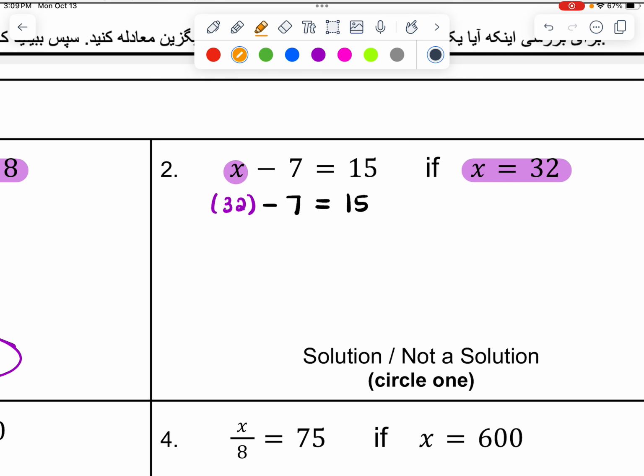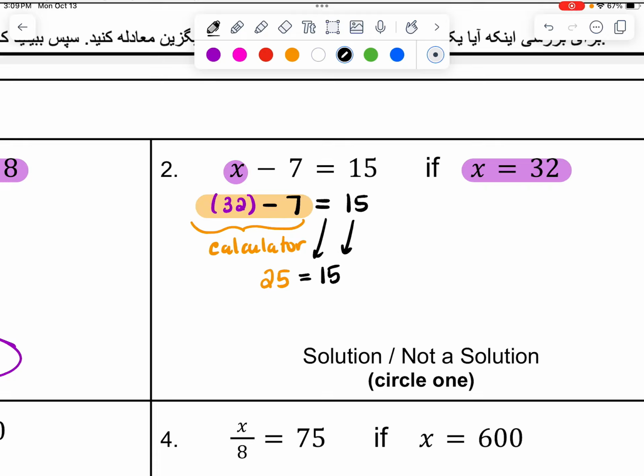Now I will type in the left side. 32 minus 7 is 25. Then I will copy down the equals and the 15. 25 does not equal 15. So this is not a solution.